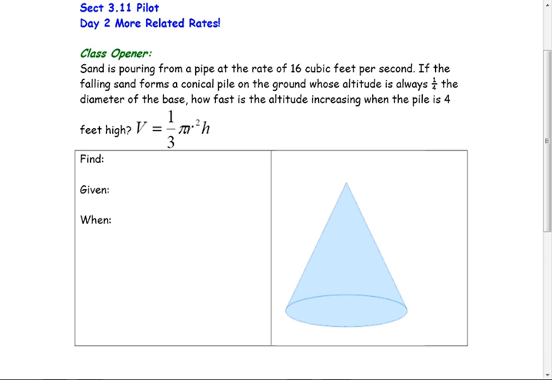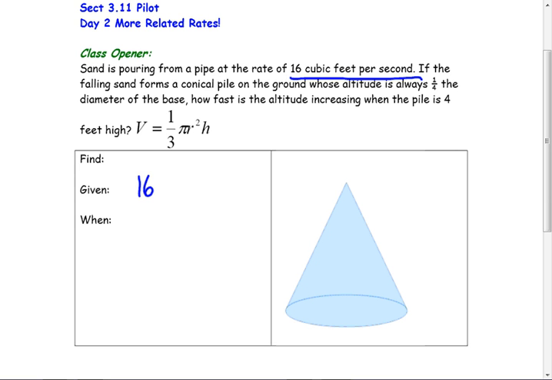It says right here, sand is pouring in at 16 cubic feet per second. So I know that.